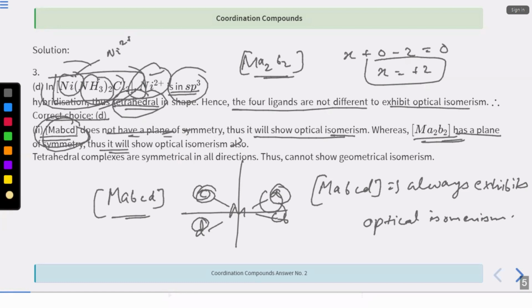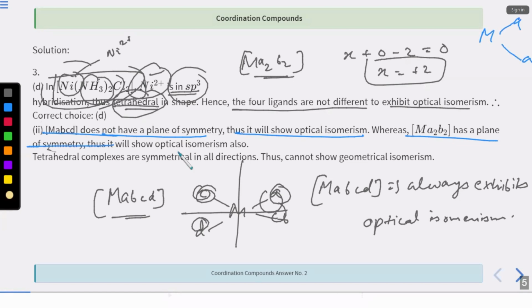Once again: MABCD does not have a plane of symmetry, thus it will show optical isomerism, whereas MA2B2 has a plane of symmetry. Why so? Because we will do it like this, and it will always have a plane of symmetry whenever you cut it, because there is a plane in which they have mirror images. So there will always be a plane of symmetry in A2B2 type of compound.